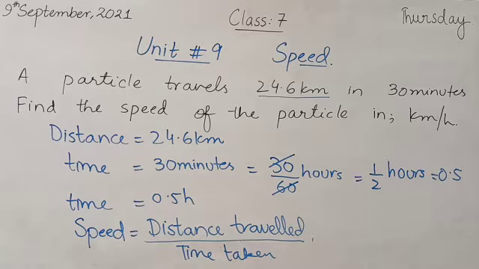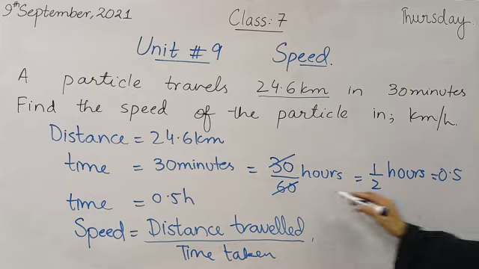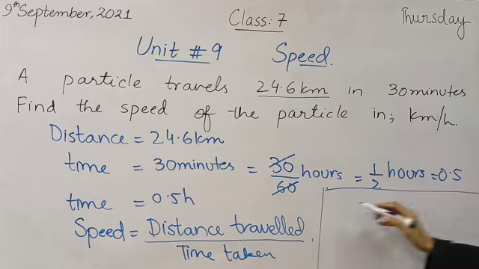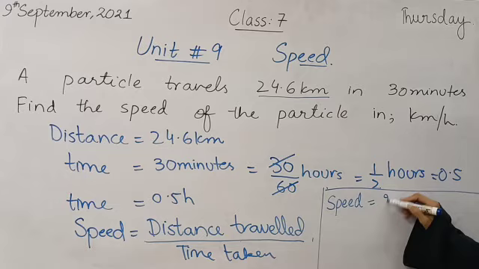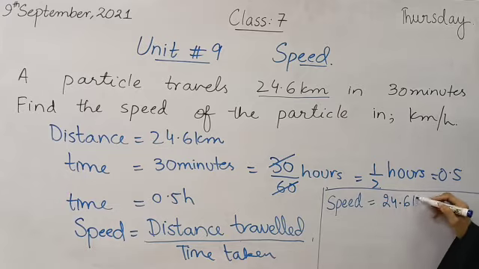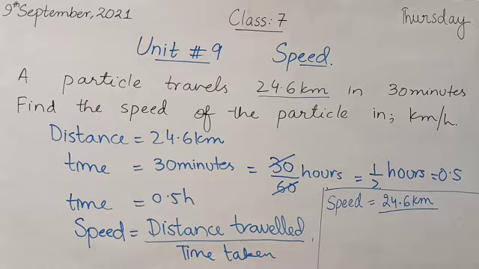Distance travelled over time taken. Now, what is the distance? I am writing here. Speed is equal to, what is the distance travelled? 24.6 kilometer. And what is the time taken? 0.5 hours.